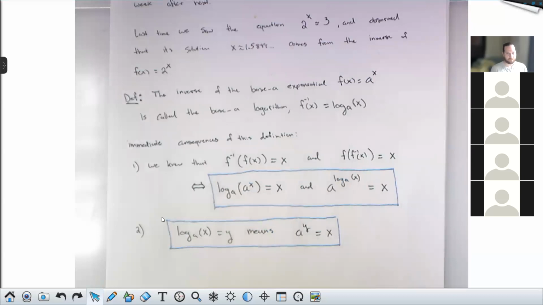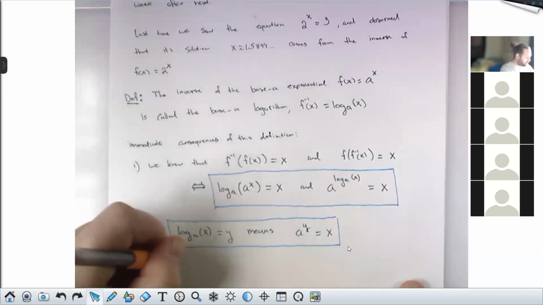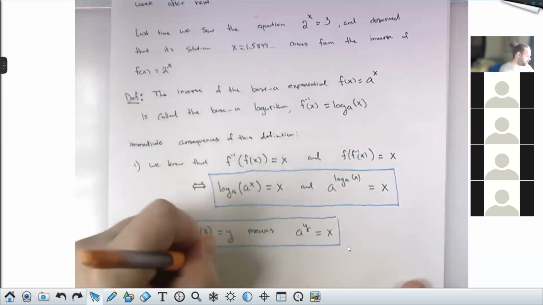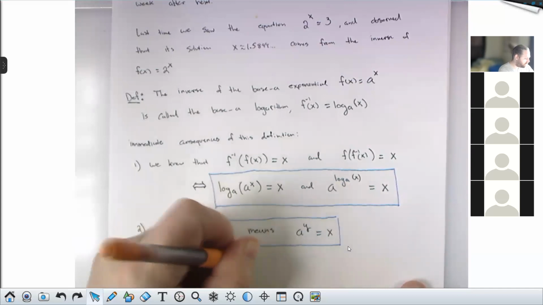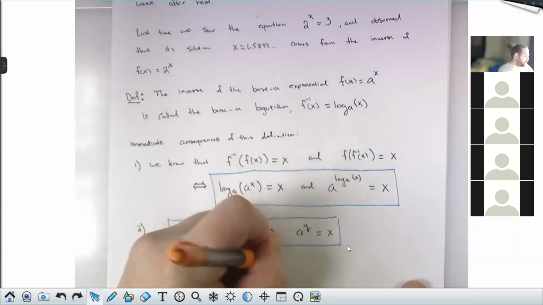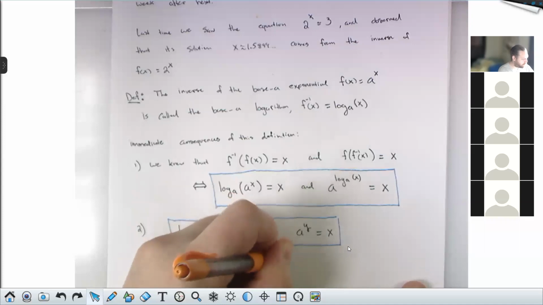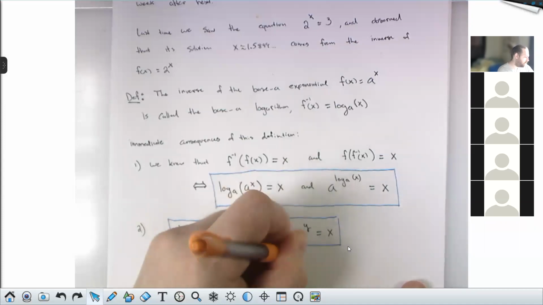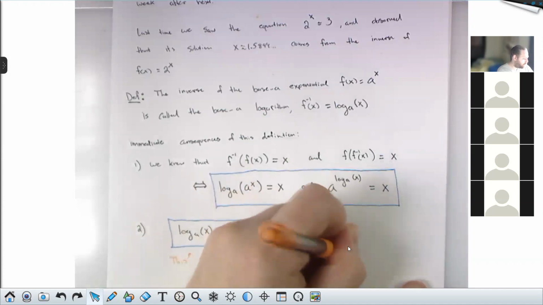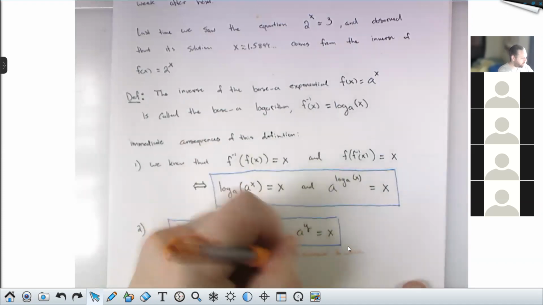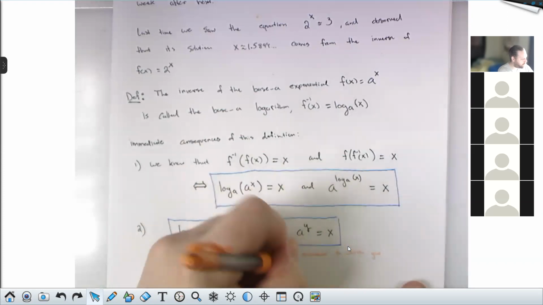And this second box has an interpretation in terms of words that I think you'll find very useful. This says that the base a log of x equals the number to which you must raise.